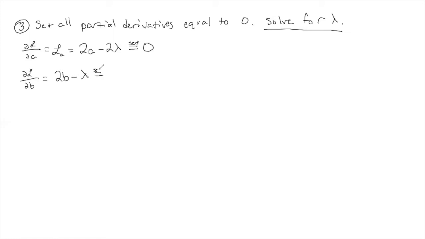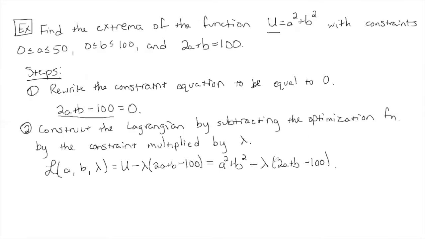And I set that equal to 0. And I'm going to stop writing set just because it's understood at this point. And now the only remaining variable is lambda, the new one that we introduced. And it turns out that every time I take this, it's just going to be this equation.